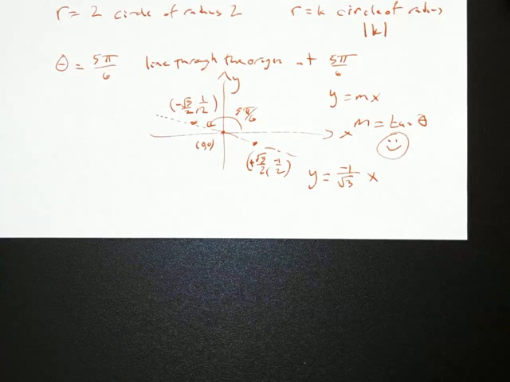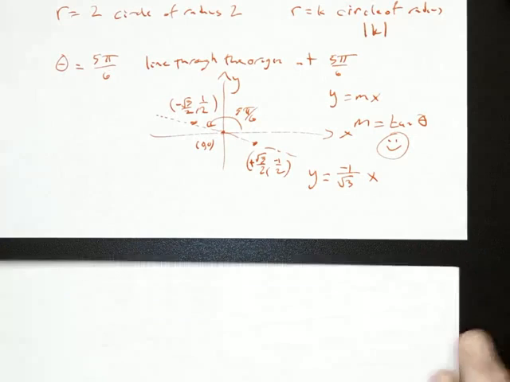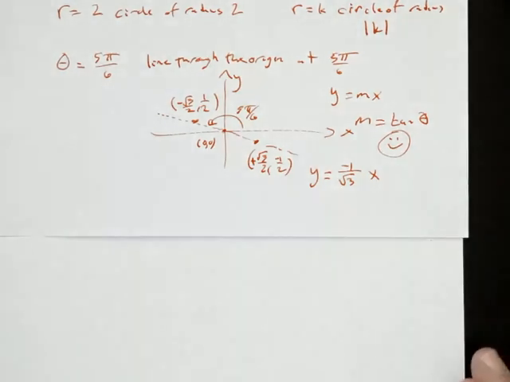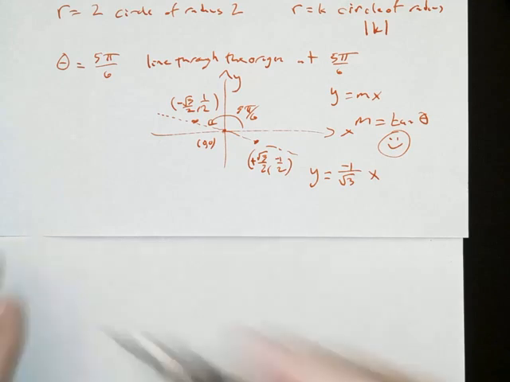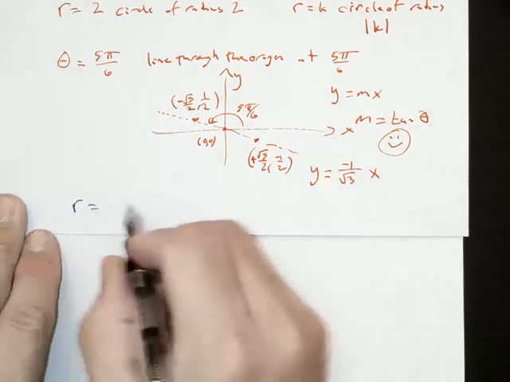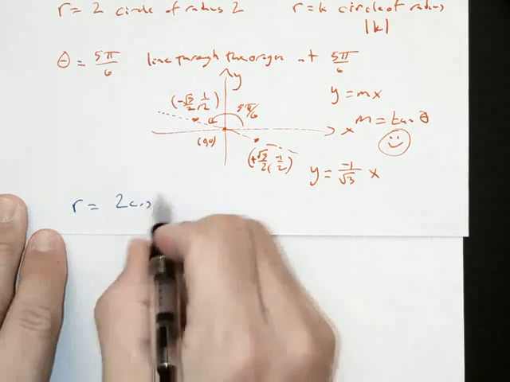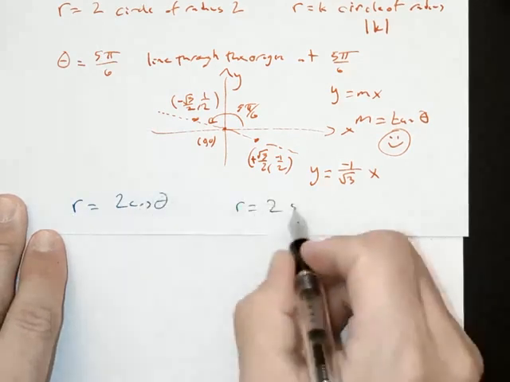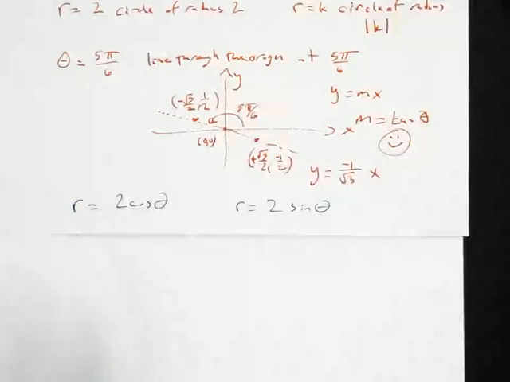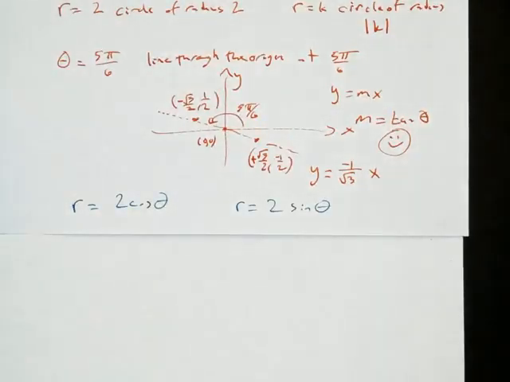There are lots and lots of different polar curves. And some of them we use a lot. You can do it with any number. I've just picked 2 for the hell of it.